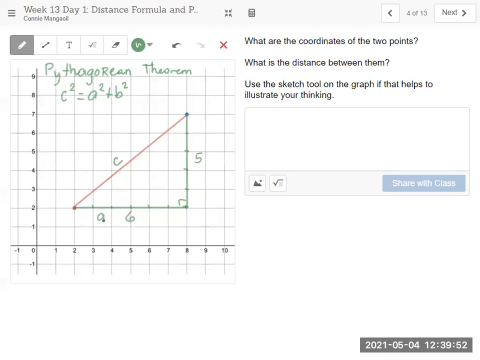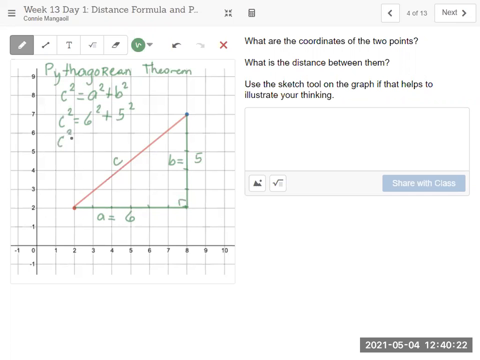So let's say A is equal to 6 and B is equal to 5. So let's solve for C, for the distance. We get C squared equals A is 6, so we plug in 6 for A, and then we plug in 5 for B. Now let's evaluate.